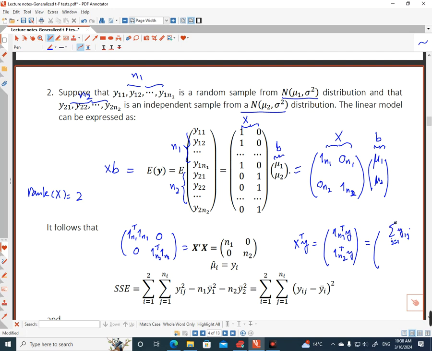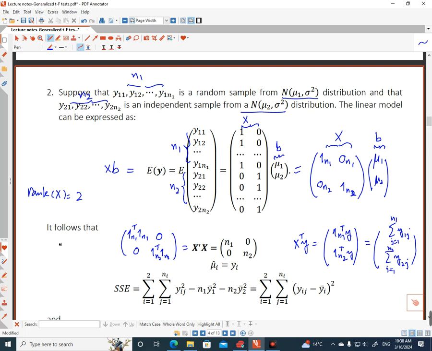So the sum of y1j, j varies from 1 to n1, and the second element of x prime y is the sum of elements of the second sample. Sorry, I must write it as the second sample: the sum of y2j, j from 1 to n2. Once again, remember the normality assumption.